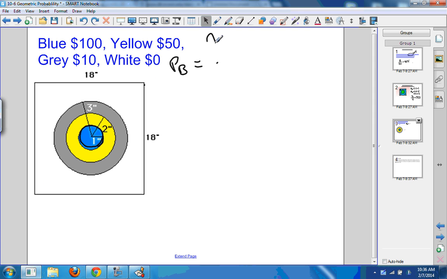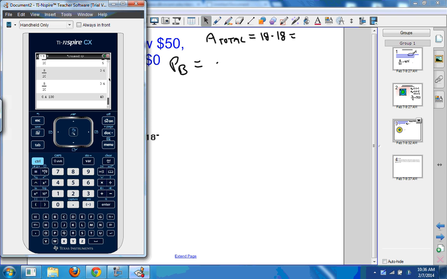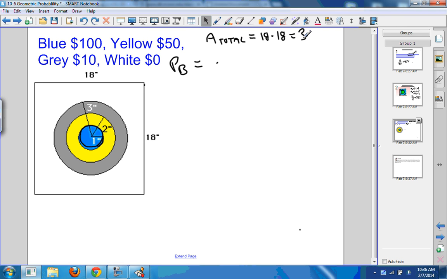So the area of the total is going to be 18 by 18. 18 times 18. 18 squared. 18 times 18 is equal to 324. All right, so 324 is my total.